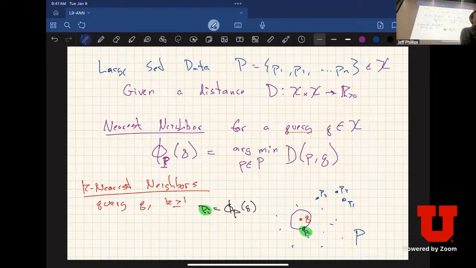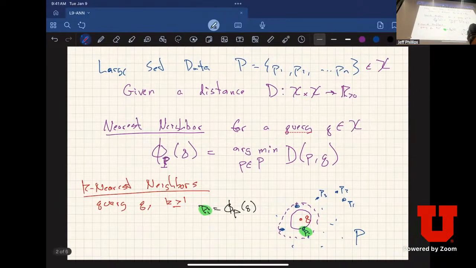So now I might think of the 3 nearest neighbors. And so now I want to expand this notion of distance. I want it to include the smallest radius that includes 3 points instead of 1 point.